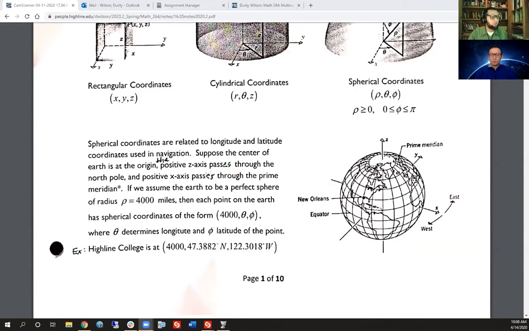The longitude is telling you how far north-south you are. The latitude is telling you how far east-west you are. In some ways, those are analogous to spherical coordinates. It's not perfect because we're going to have a third spherical coordinate, which is how close to the center of the object we are. In this case, most of the surface of the Earth is a fixed distance from the center of the Earth.